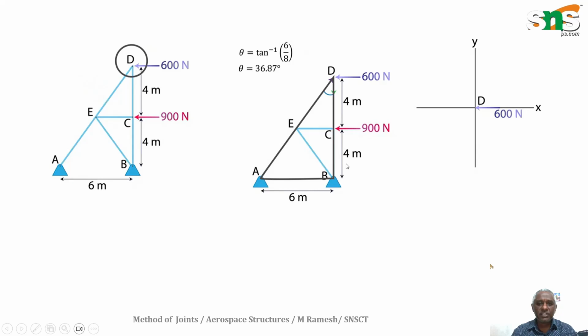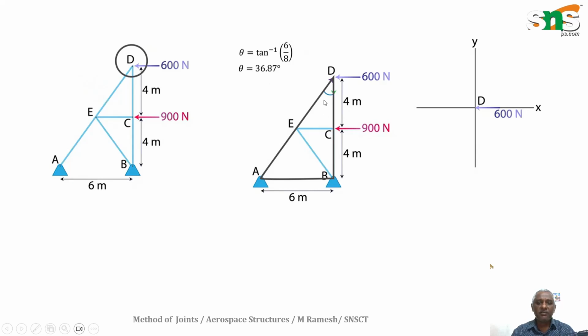Totally it is 8 meter, and this is 6 meter. Now we can find this theta. Opposite by adjacent is nothing but tan theta. So tan theta equals 6 by 8. So theta is tan inverse of 6 by 8, that is equal to 36.87.